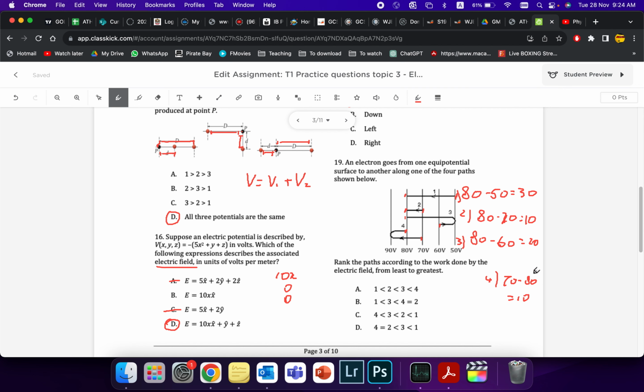So these two have, well, it's not really 10, it's minus 10 to be fair. But comparing just the magnitudes of them, you will realize that 4 and 2 are the same, and they are both less than 3, which is less than 1. So 1 is the greatest, and 4 and 2 are the weakest. I want from least to greatest. So we're looking for 4 and 2 being less than 3, which is true, less than 1, which is true. I can see this is the answer.